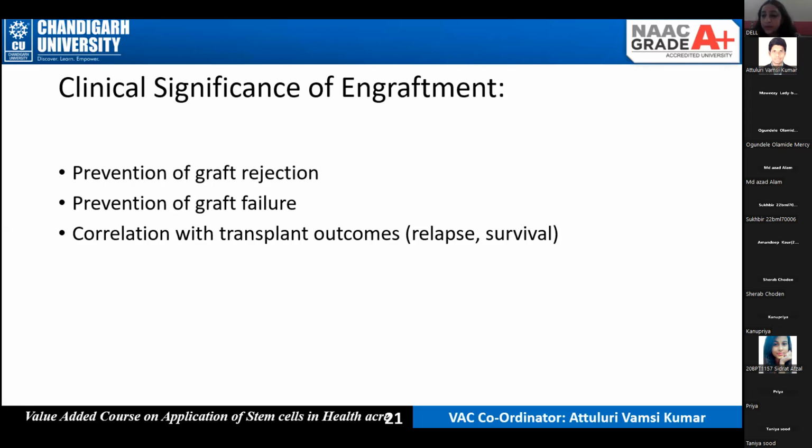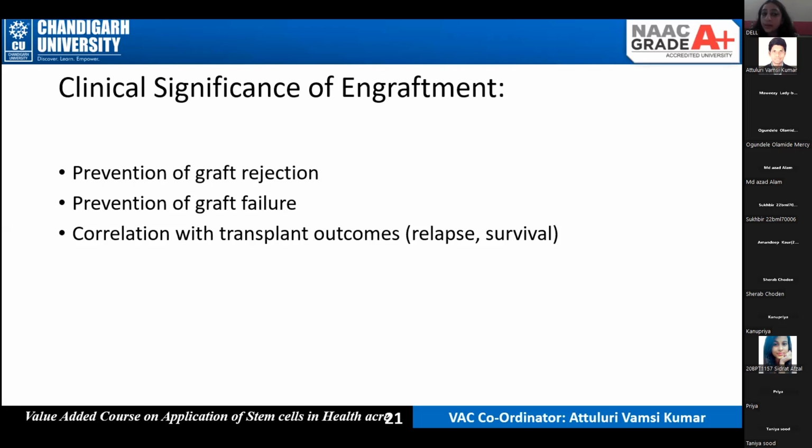Engraftment serves as a critical milestone in hematopoietic stem cell transplantation. When we go for improved disease control, this reduces the risk of relapse and enhances the chances of survival of patients with hematological malignancy.